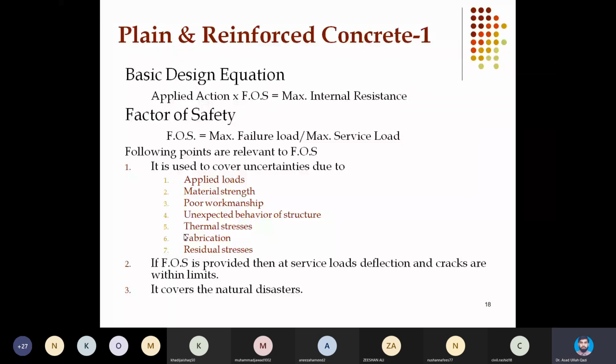So in concrete cast in situ, poor workmanship, lack of attention during mixing, curing, compaction can create a drop in material strength. So that will then affect your design strength.